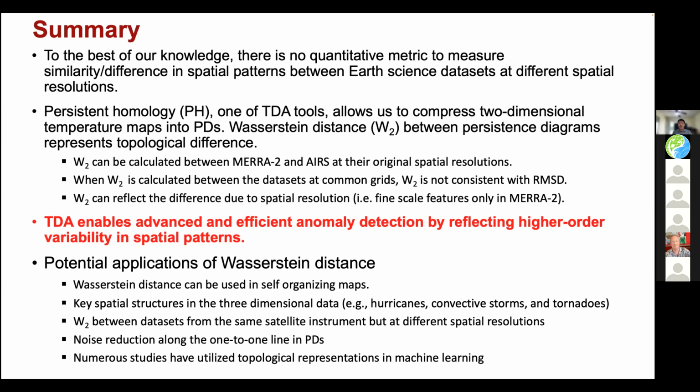And the way they group those weather patterns into a certain number of centroids, so-called self-organizing map patterns, they calculate the Euclidean distance. But to calculate those Euclidean distances, if datasets are at different spatial resolutions, they have to remap every single dataset into a common grid.